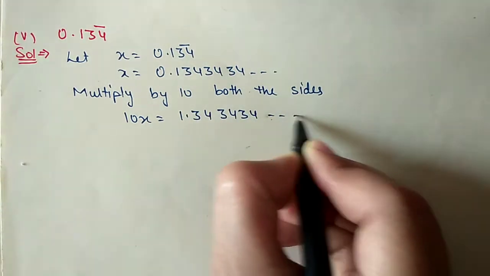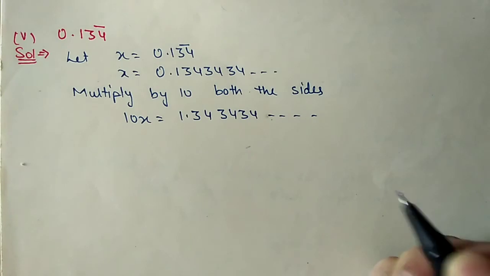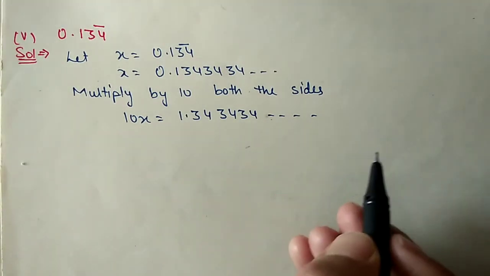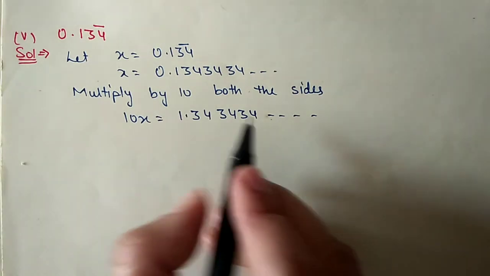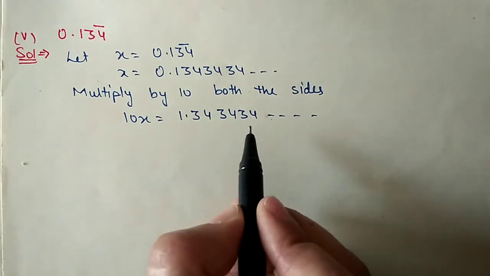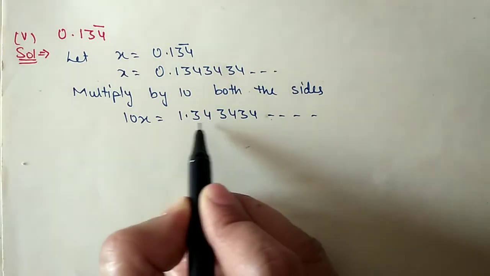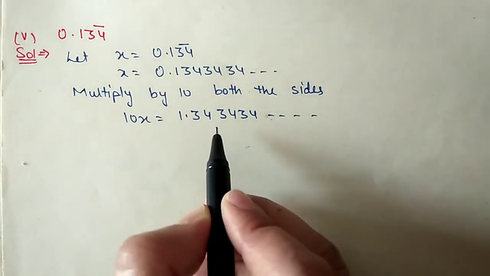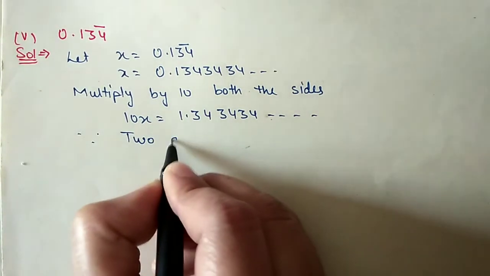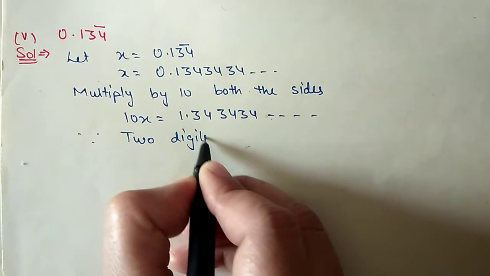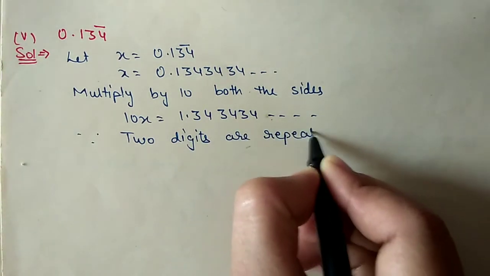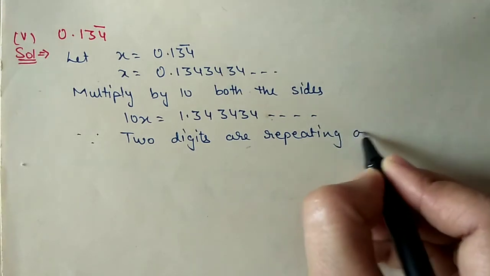Then we will get 10x is equal to 1.343434 up to infinity. Now second thing, we have to eliminate this 34.343434 also. For that we need to multiply by 100, because two digits are repeating after the decimal.